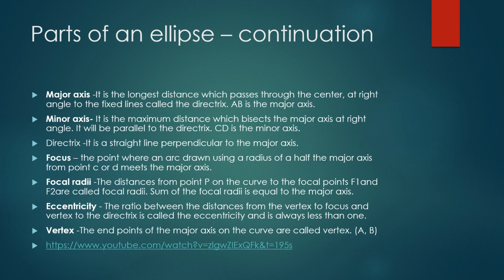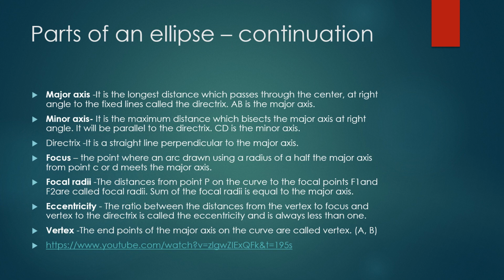As you have seen in the diagram from the previous slides, the major axis is the longest distance which passes through the center and is at right angle with the directrix. As we have seen, it is noted by the letters AB.